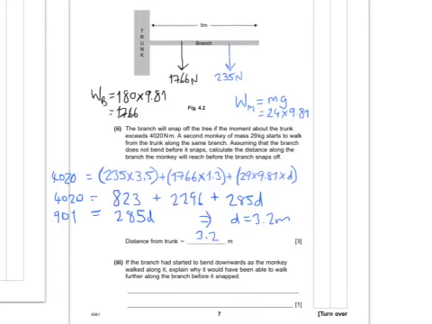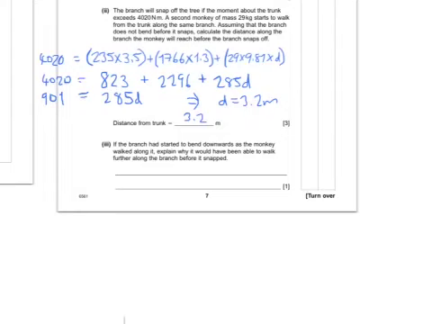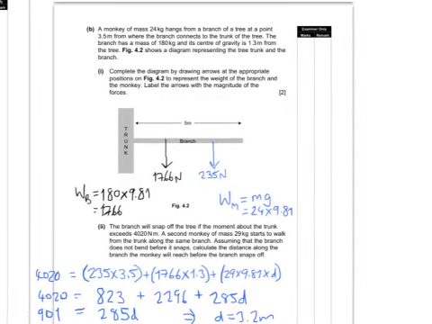Just to finish with then, part 3: if the branch had started to bend downwards as the monkey walked along it, explain why it would have been able to walk further along the branch before it snapped. Let's look again at the diagram. I'm going to draw in the bending branch, and as the branch bends here, these forces are actually getting closer to the turning point.